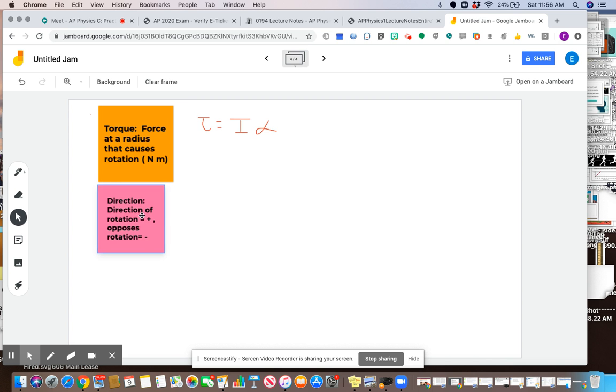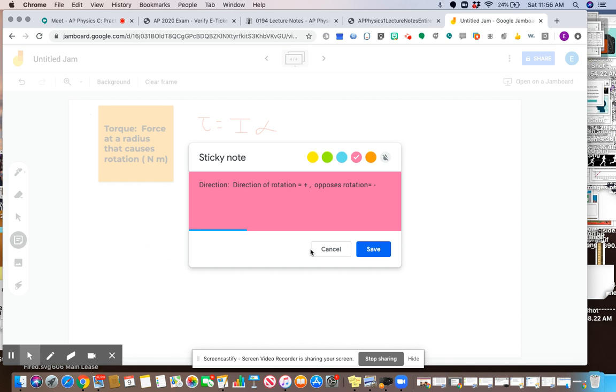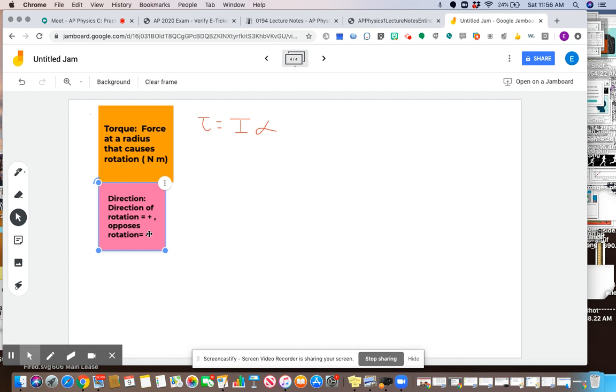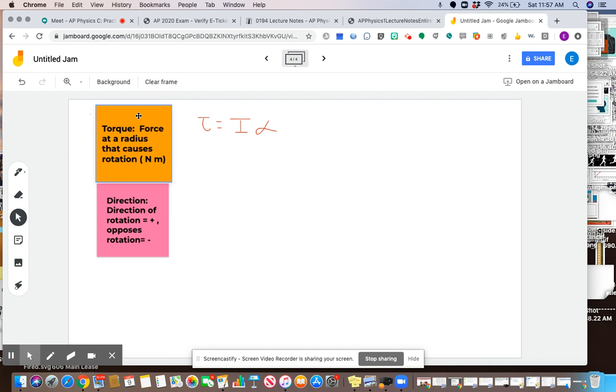If it opposes the direction of rotation, we say that it is negative. All right, so let's talk about some common equations or situations in which we might see on the AP exam and write down those shortcut equations.